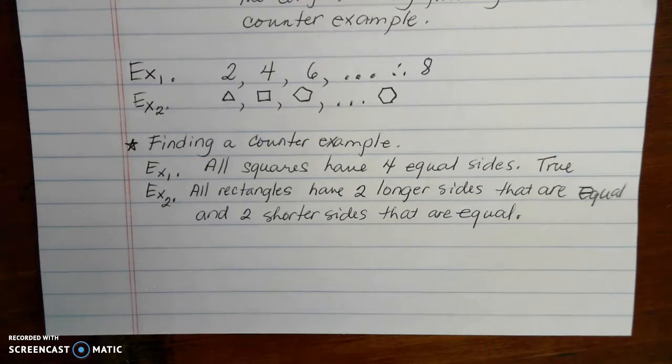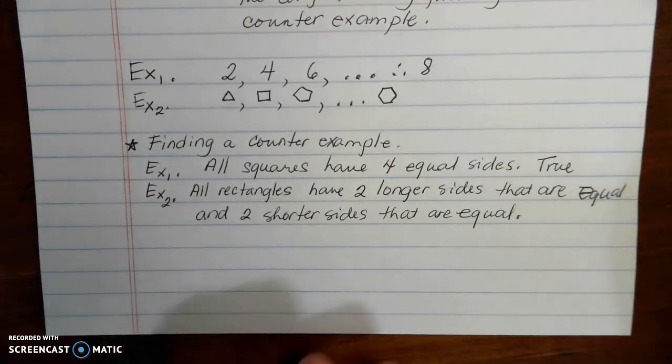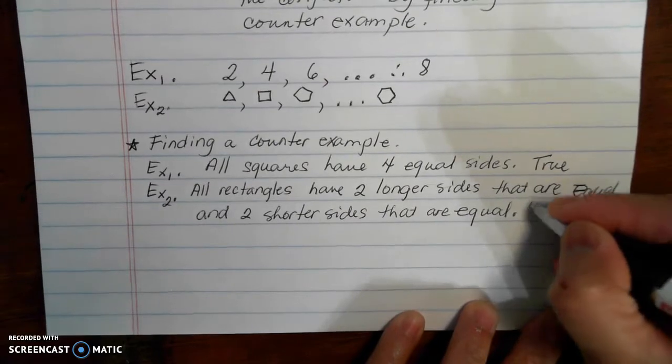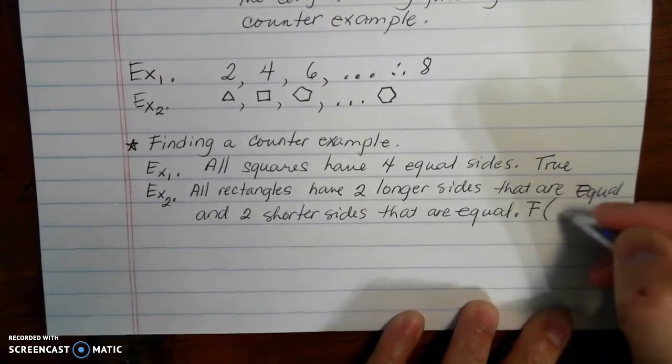Unfortunately, in this case, that is my counterexample because the statement says that there has to be 2 longer sides and 2 shorter sides for a rectangle, but the definition only states that there has to be 4 right angles, and the square has 4 right angles and 4 equal sides. Therefore, for this statement number 2, my counterexample is a square. So this is false because of a square.